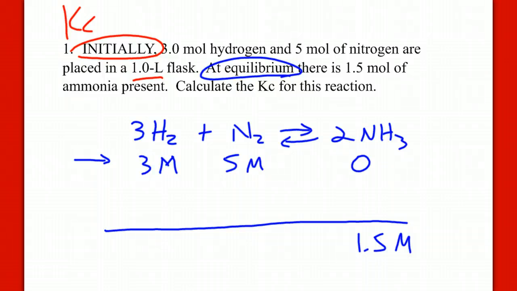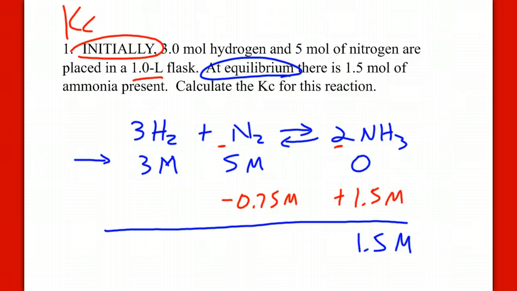What do you have at equilibrium? Well, this is kind of what we did way at the beginning of this. I didn't have any ammonia. Now I've got some, so I've added 1.5 here. If I make 2 ammonias, I reacted 1 nitrogen. So that means I subtracted 0.75 here.